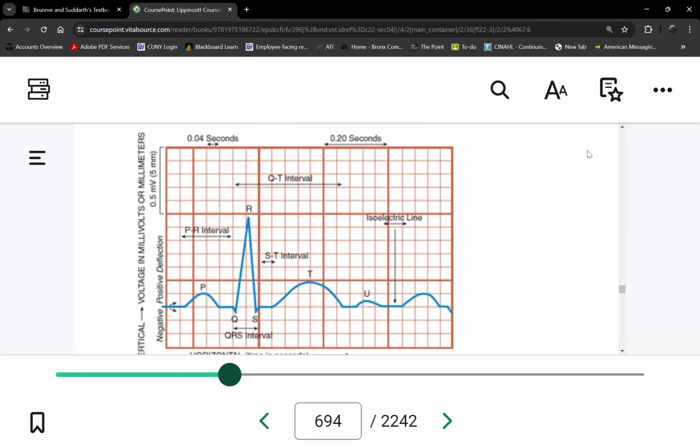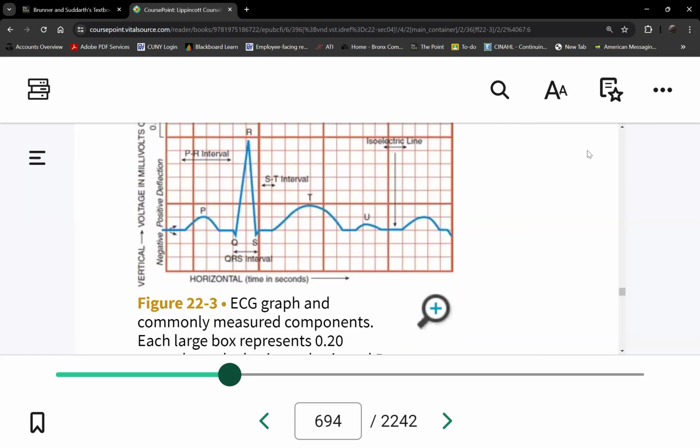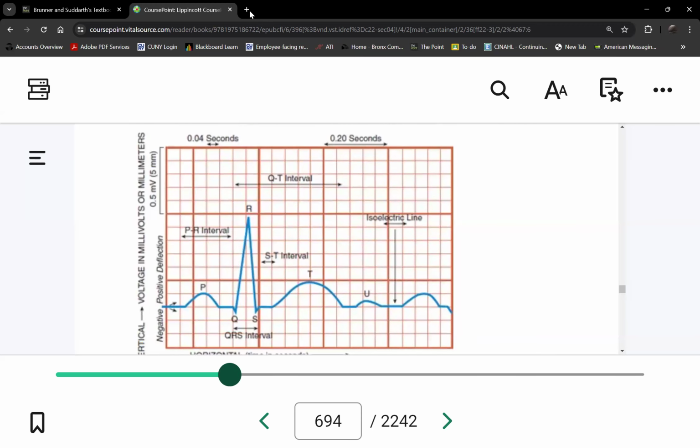Now let's look at the measurements in the figure. In the ECG paper, you see little squares, and then there's also a big square, this one right here.